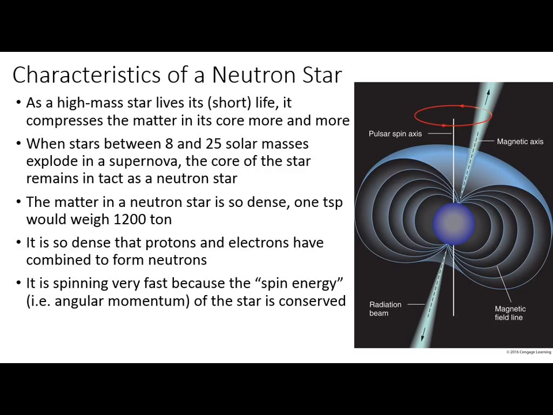Is that crazy or what? So this object is not normal matter. It's basically neutron soup. It's very, very dense. So if you were to successfully take a teaspoonful and bring it back to Earth, it would weigh 1,200 tons. So it's a very dense object.